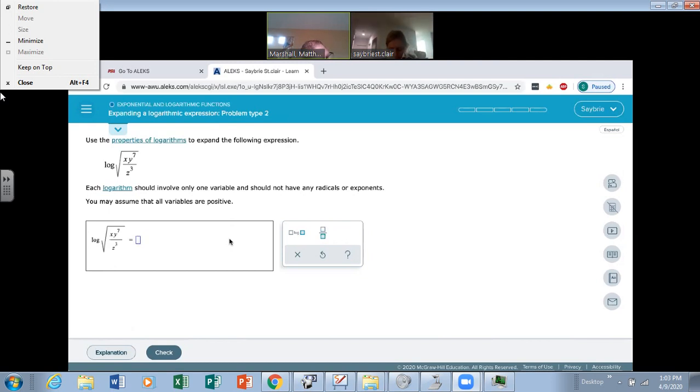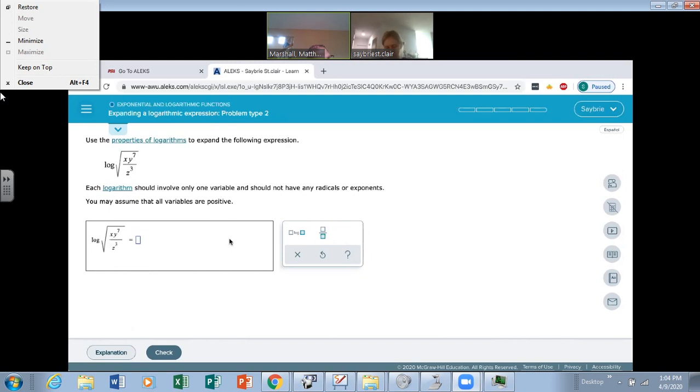And then my next step, I'm going to bring that 1/2 to the front of both problems there. Which that last picture shows where the exponent used to be 1/2 up on top.